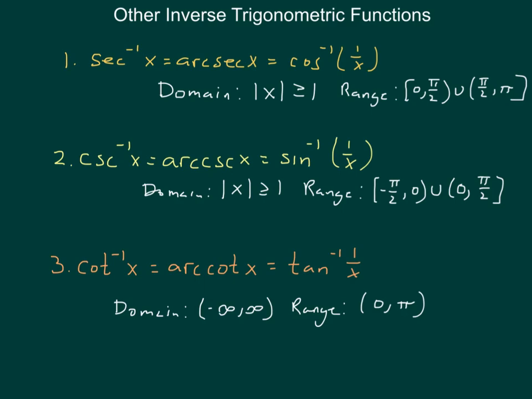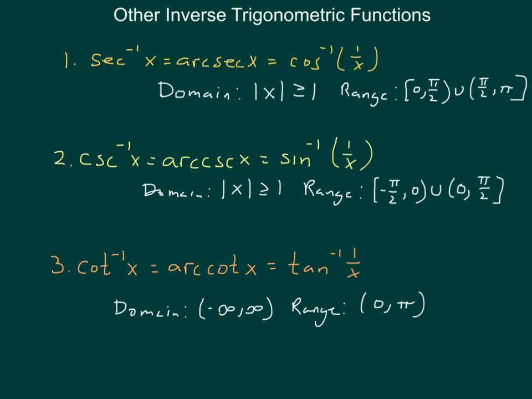Now let's look at the other inverse trig functions. We have the inverse secant, inverse cosecant, and inverse cotangent. Now, the inverse secant, notice the -1 notation, and then the arcsecant, is going to be equal to the inverse cosine of 1 over x. Notice the reciprocal nature.